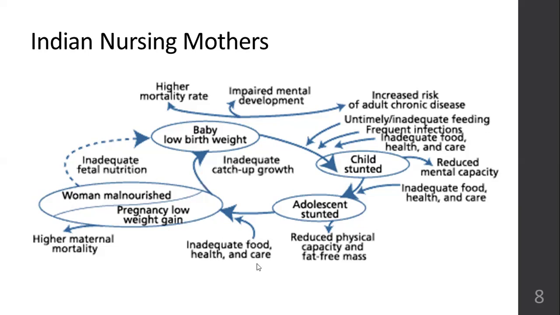A malnourished woman with low pregnancy weight gain will give birth to a low birth weight, malnourished baby. They are still in that poverty cycle. A low birth weight baby will grow into a stunted child who has not achieved enough height. A stunted child will lead to a teenager who is also stunted, who does not have enough growth and development.